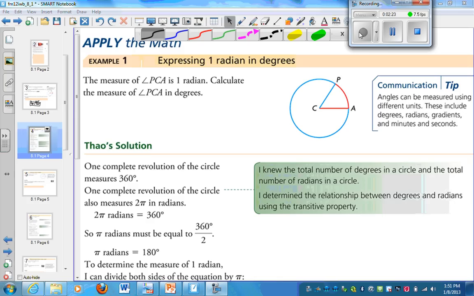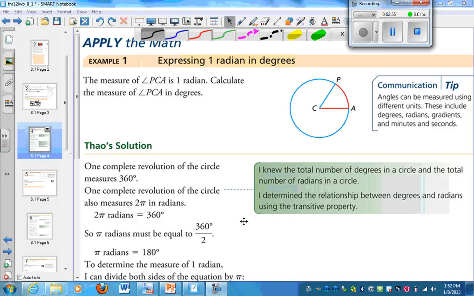Okay, so throughout this chapter, we're going to use benchmarks and visualizations to do estimation. We want to get really good at estimating rather than calculating. So the measure of angle PCA is 1 radian, calculated in degrees. And we know in our head it's supposed to be around 57 because we just saw that. But we're going to look at Thou's solution. 1 complete revolution is 360 all the way around. 1 complete revolution also measures 2 pi in radians.